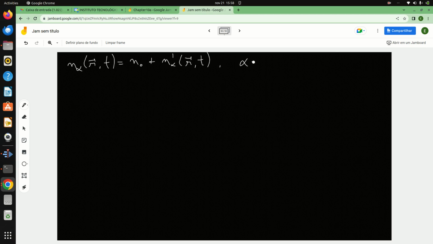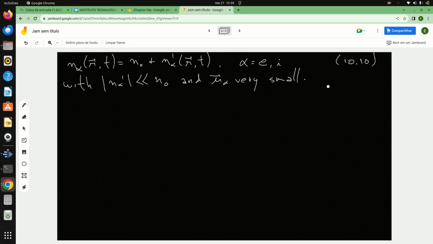And now alpha will be electron and one type of ion, with the fluctuation part much smaller than the average, and very small u alpha.